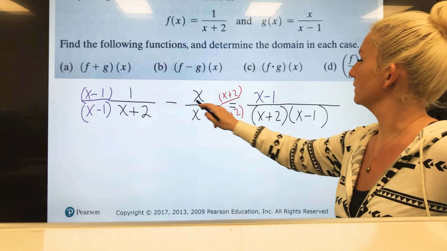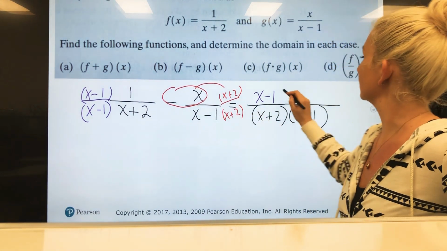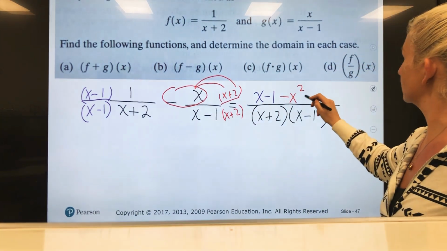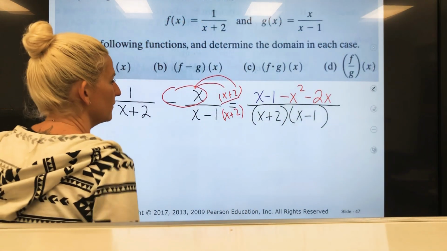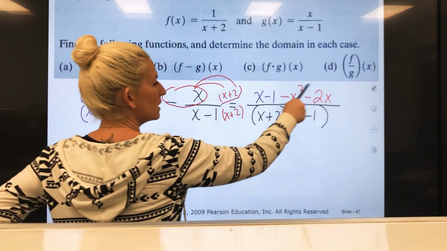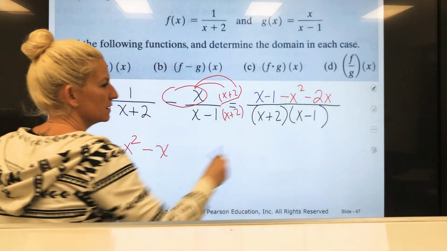Now be careful, because now I'm distributing a negative x. So it's going to be negative x squared, and negative x times 2 is negative 2x. It changes things up a little bit. So what do I have here? Negative x squared, negative 2x plus 1x is negative x.